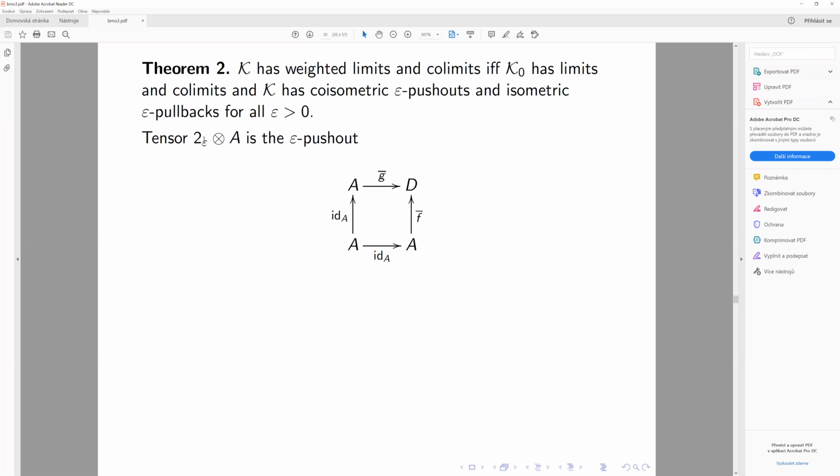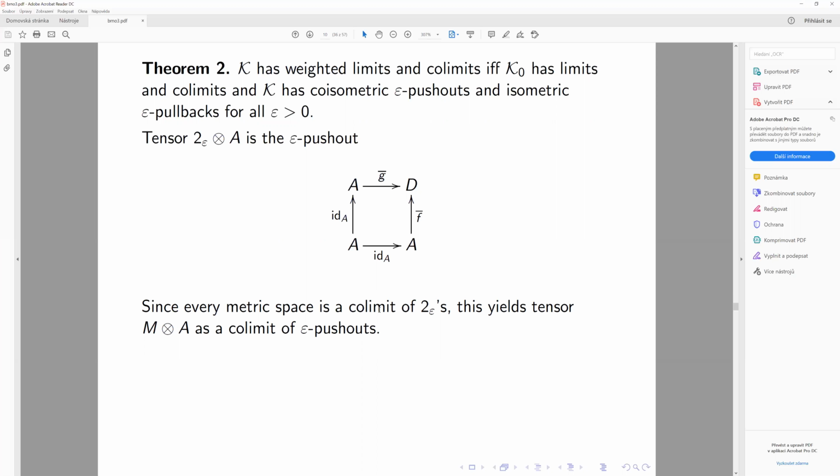What's a tensor? You take a metric space and an object in your enriched category. The tensor is the same thing as epsilon push-outs along identities. Of course, now I don't have all tensors, but every metric space is a colimit of two epsilons, because I put these distances between points, which means that I put two epsilon there.